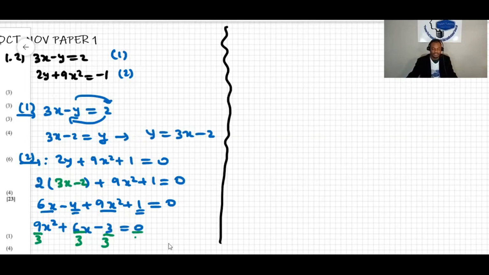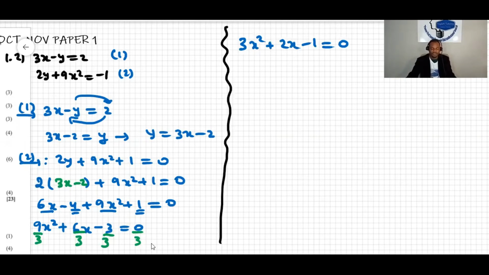So we divide each term by 3, and then what we have is 3x squared plus 2x minus 1 equal to 0. Okay, this is a simpler quadratic equation.